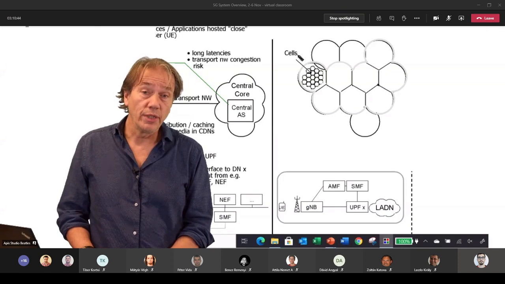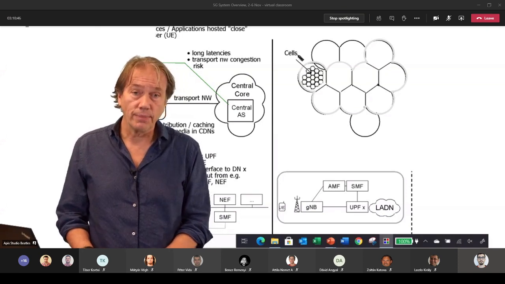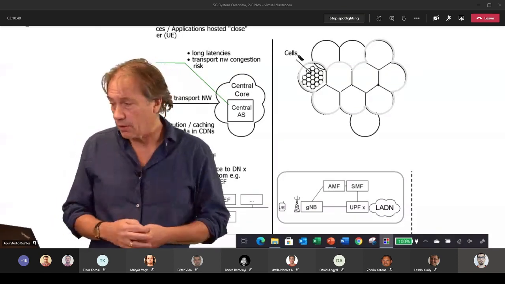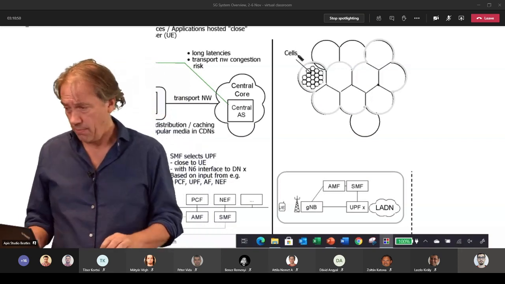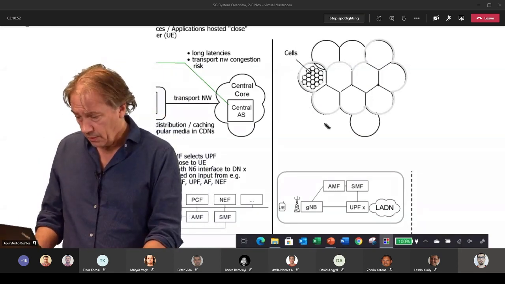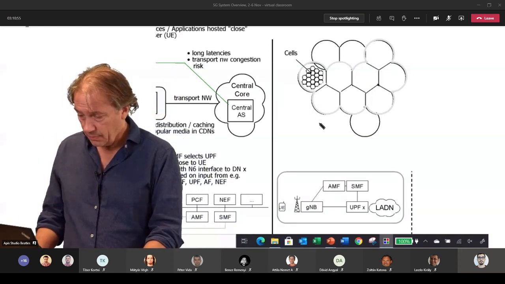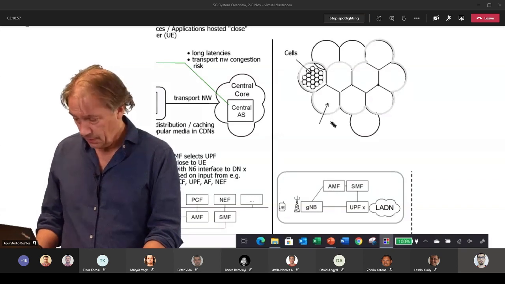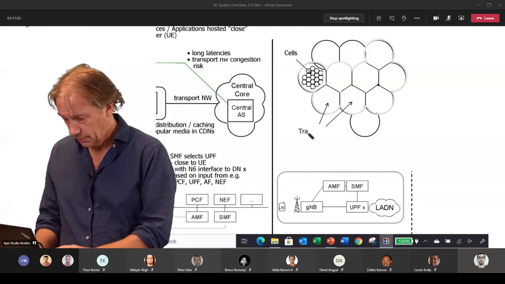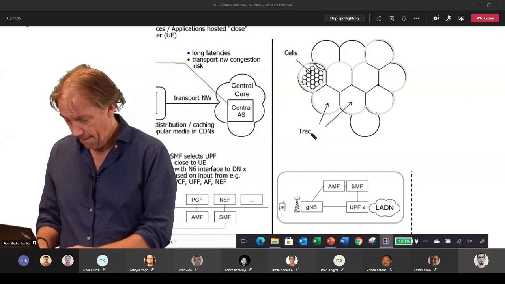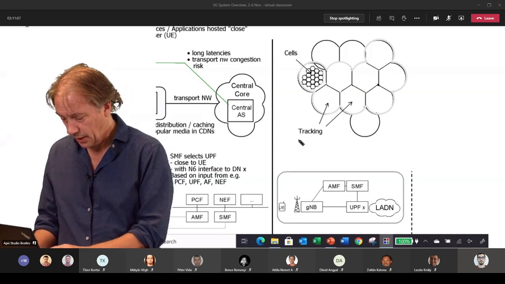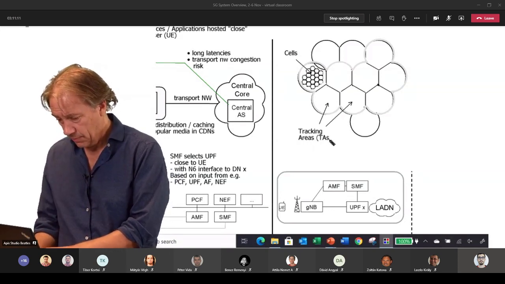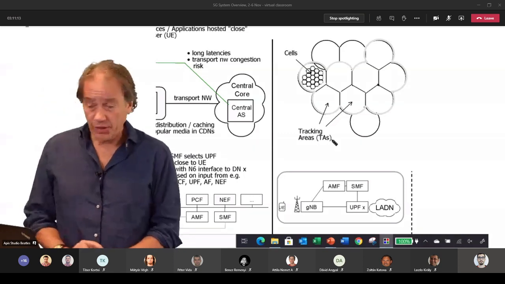And just like in 4G, a number of cells grouped together is called a tracking area. So these are tracking areas, or simply TAs.